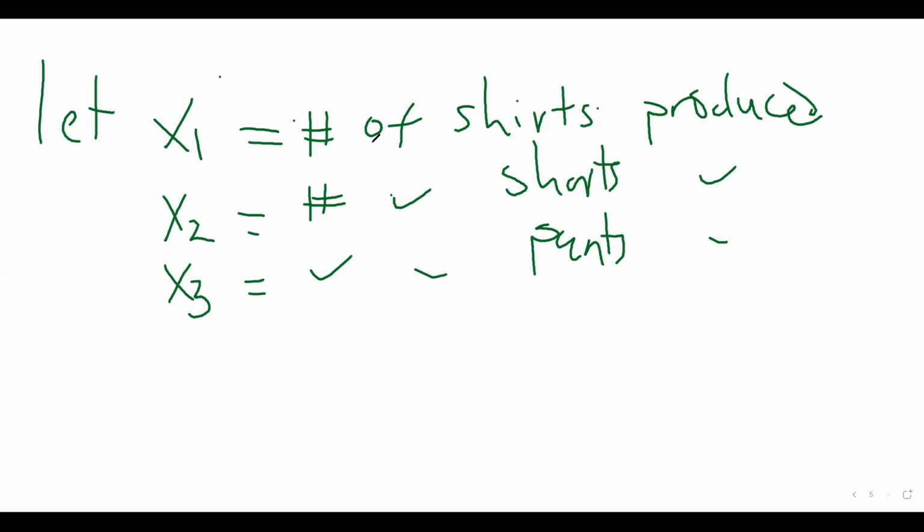So how do you formulate this? We're going to let Y represent each type of the machinery. So Y1 will represent the shirts machinery.